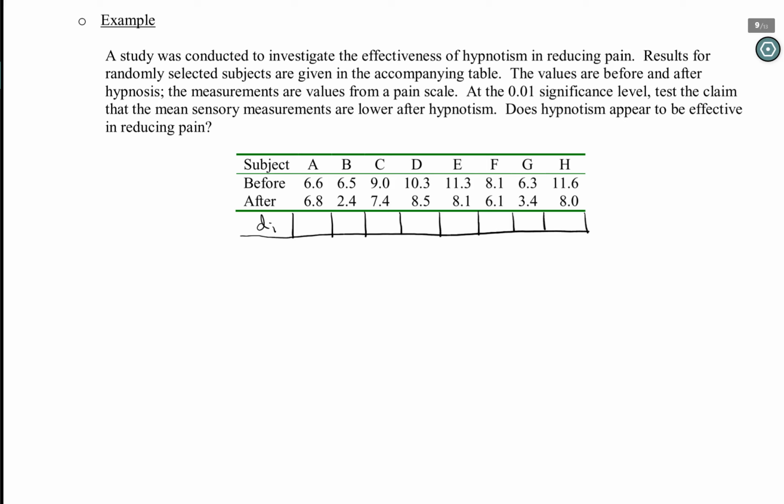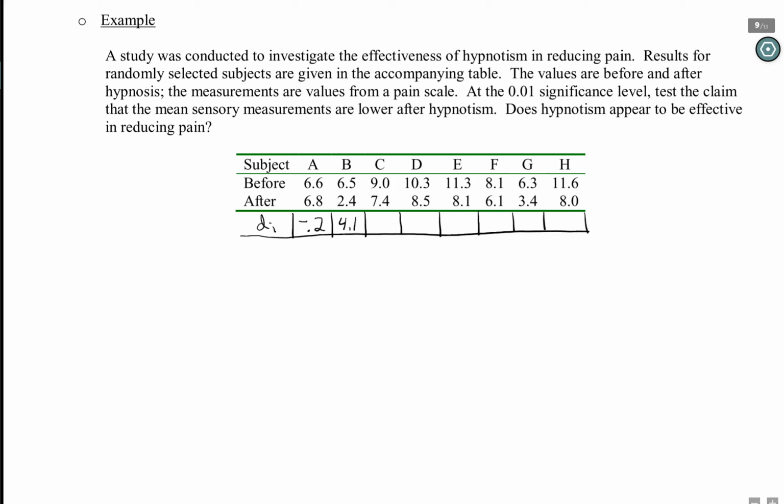The difference for subject A, I'm going to take 6.6 and subtract 6.8, and if I do that, I would get negative 0.2. Then I would take 6.5 minus 2.4, and I would get 4.1.